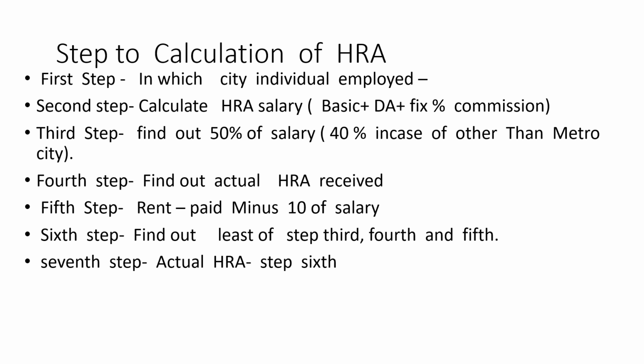Whatever rent you paid, you have to minus 10% of your salary, and salary means basic plus DA plus commission. In the sixth step, you have to find the least of the following, which means step 3, step 4 and step 5. You have to find the least of these three.